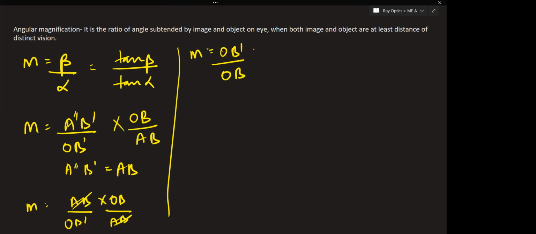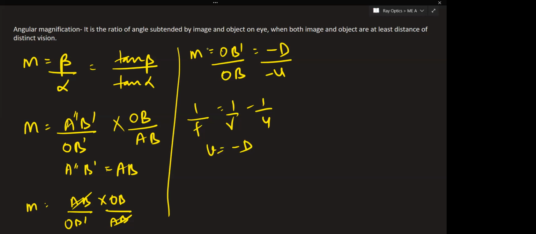And OB dash is the least distance of distinct vision, so that will be, let's say, minus D. OB is the object distance, so minus U. But see class, we will not consider this as final. Let us use the lens formula. Lens formula is 1 by F is equal to 1 by V minus 1 by U. Focus of it, keep it as F. Image distance, you know, this is the least distance of distinct vision, right? Object distance we are trying to substitute here.